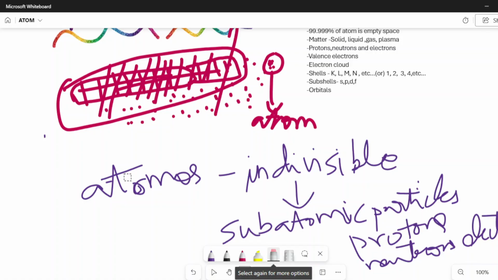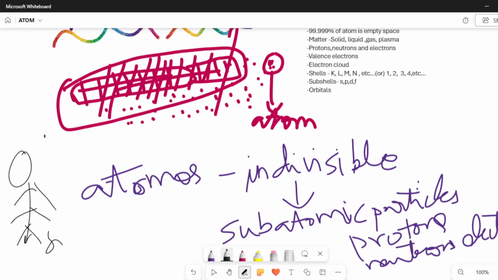So even if you see we human beings, if we are made into small pieces, we are made up of cells. How are these cells formed? Even these cells are made of atoms.